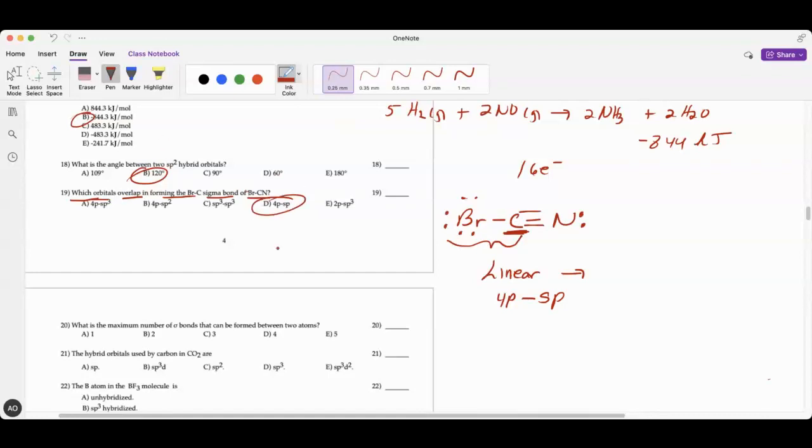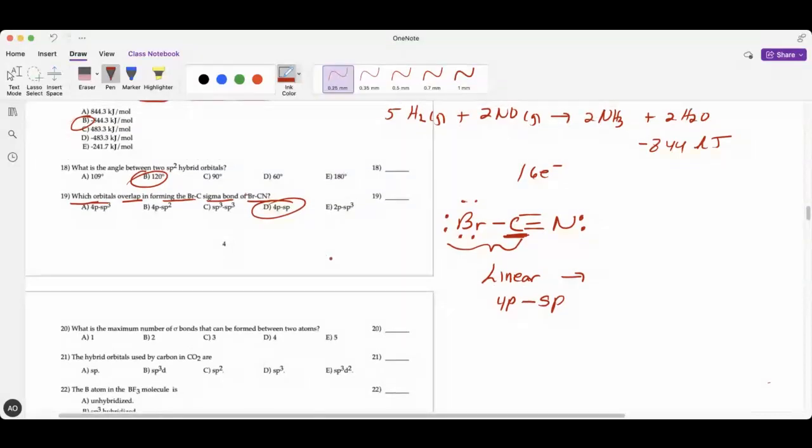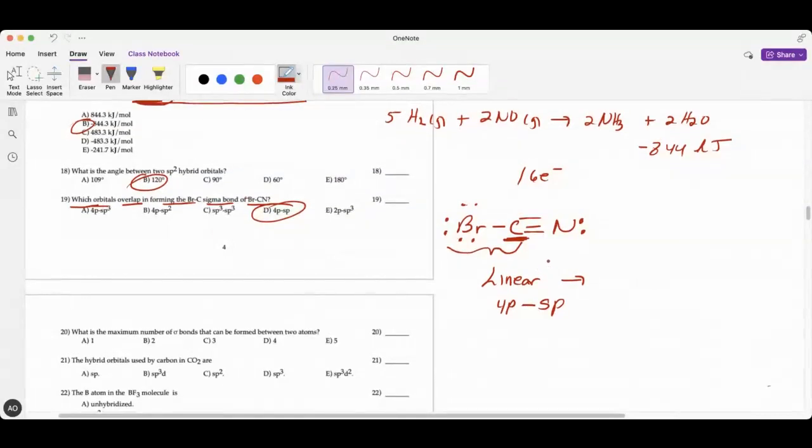Wait, how would the carbon element be linear? Well, you've got a central carbon atom, and this whole thing is linear. You have a central carbon atom bonded to two other atoms with 0 lone pairs. So this would be a linear electron pair geometry and also a linear molecular geometry.